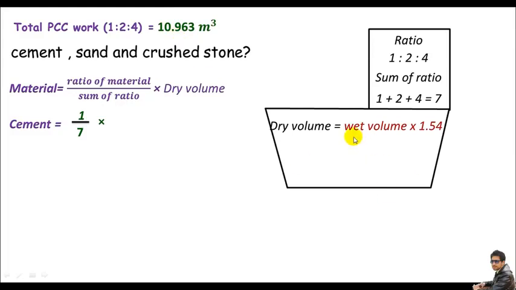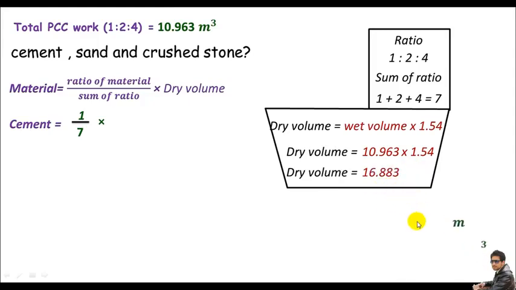The dry volume equals the wet volume, 10.963, times 1.54, which equals 16.883 cubic meter. Plug this into the equation and we get 2.41 cubic meter of cement.